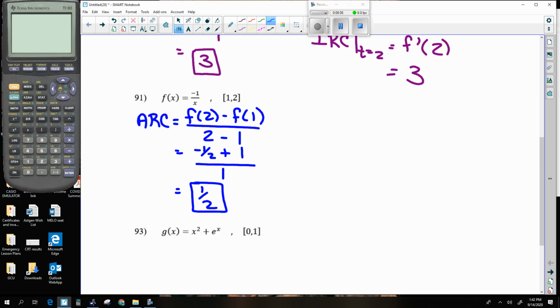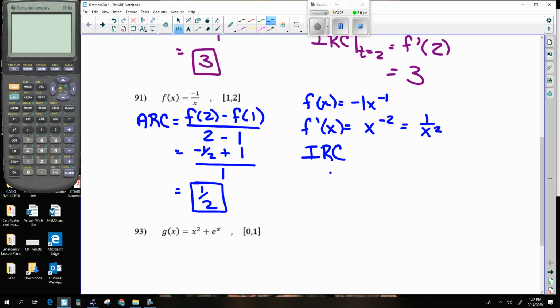F prime, let me stay with the regular: this is x to the negative 1. So the derivative is going to be negative 1 times x to the negative 2, or 1 over x squared. So the instantaneous rates of change would be f prime of 1, which is 1, and f prime of 2, which is 1.